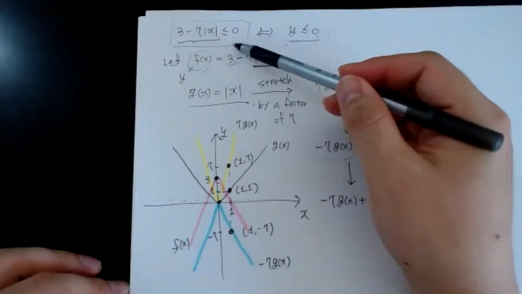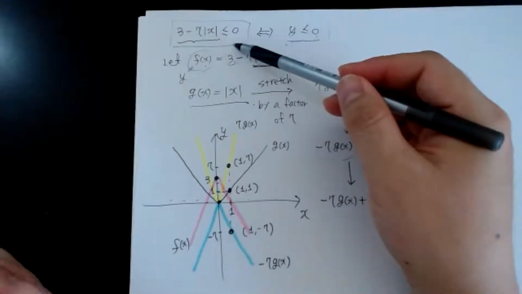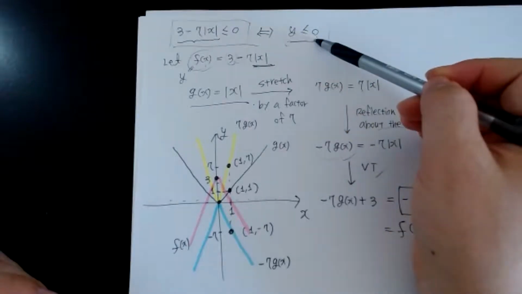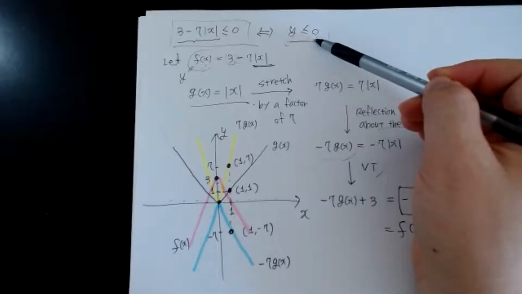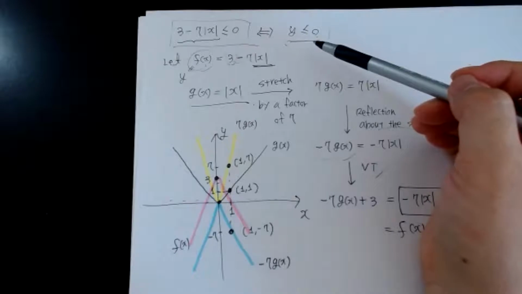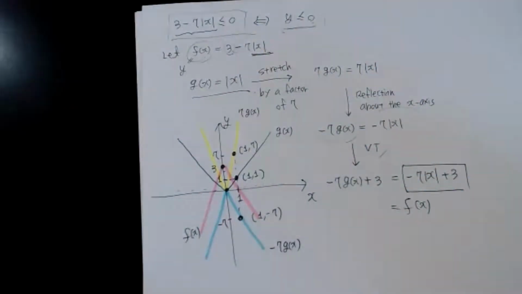But we have rewritten this inequality as this. So let's find out in what interval of x the corresponding y value is less than or equal to 0. It means the graph should lie below the x-axis, right? So you see this part, these two.